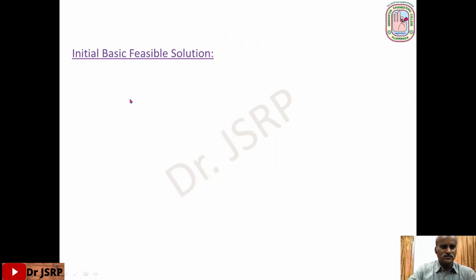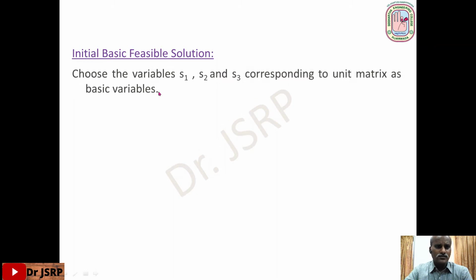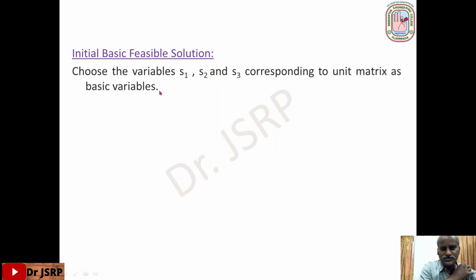Next, the initial basic solution. Here it is not feasible, that is just the solution. For that we choose the slack variables s1, s2, s3, corresponding to the unity matrix, as basic variables.